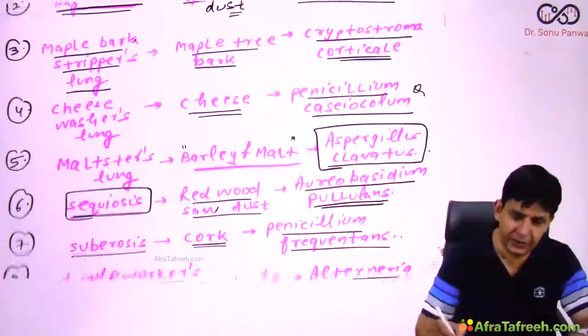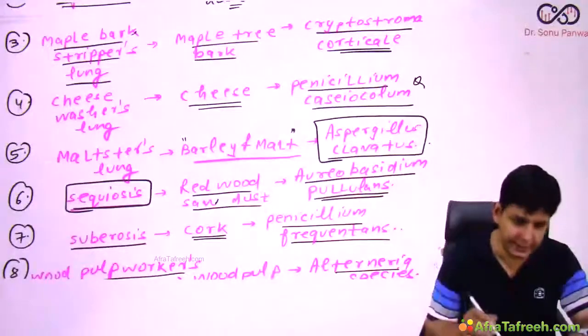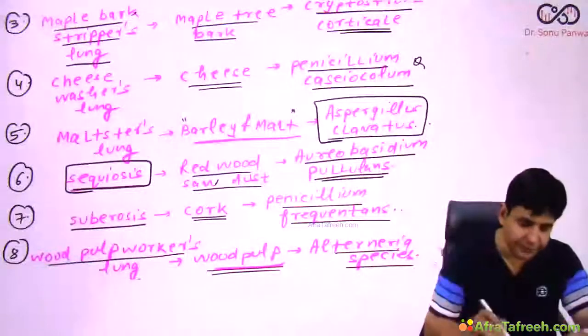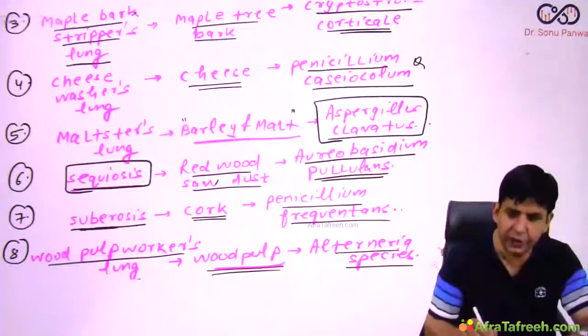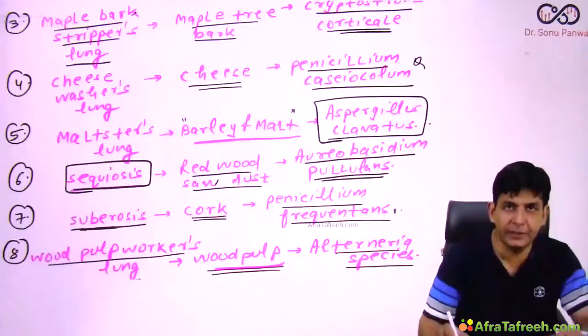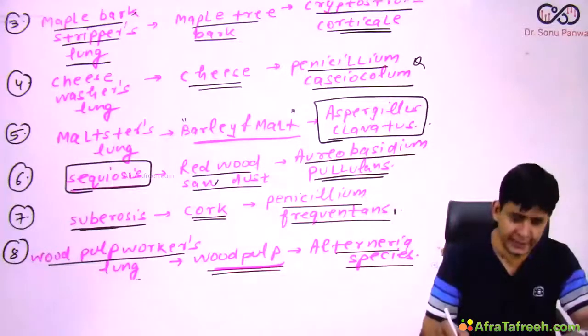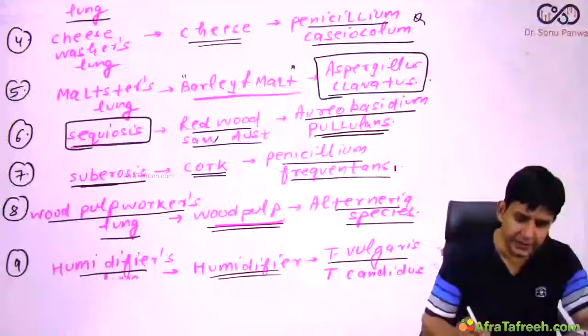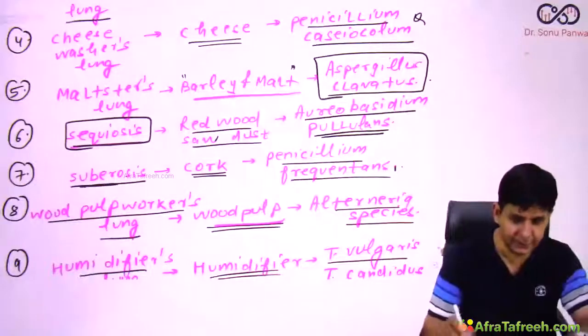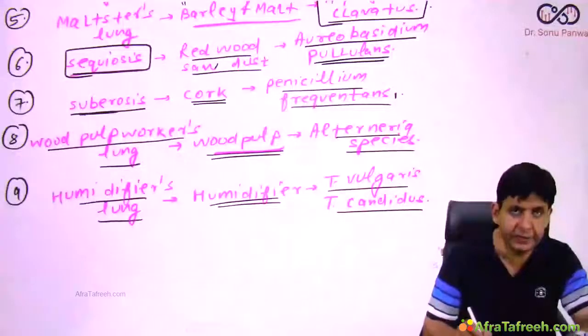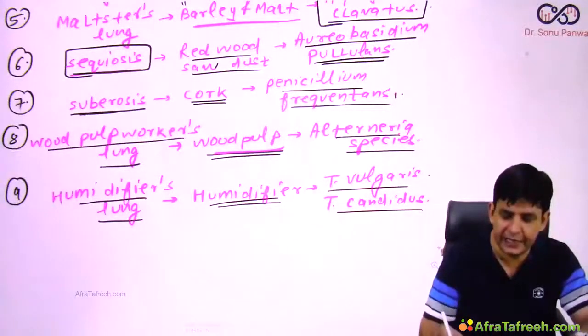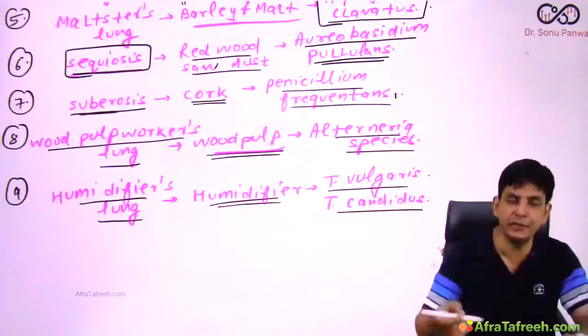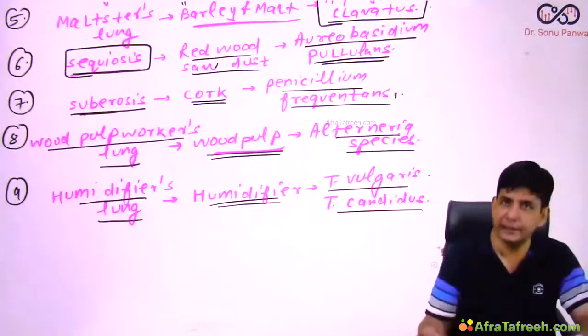Psychiosis, in sequence, associated with Aureobasidium pullulans. Suberosis associates with cork, and it is Penicillium frequentans. Wood pulp worker's lung, Alternaria species. Humidifier lung associates with humidifier, and the organisms are Thermoactinomyces vulgaris and candidus.